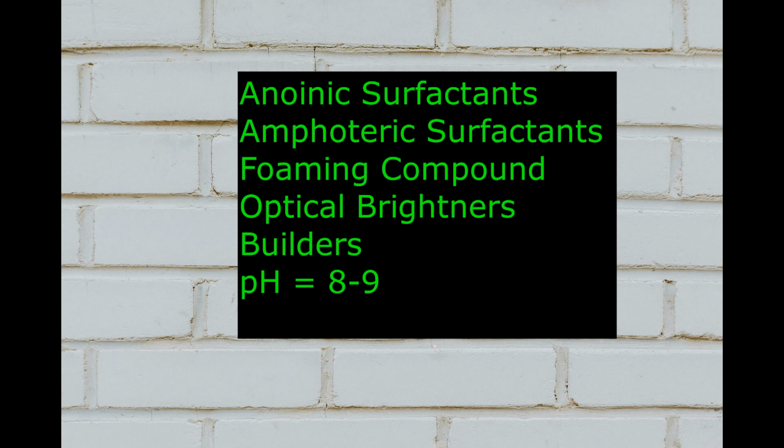Even though it is a low cost liquid detergent, we have developed this formulation as per the liquid detergent formulation structure. We have included two anionic surfactants, one amphoteric surfactant, foaming compound, optical brighteners, builders, and also we have maintained the correct pH. So we can expect good washing performance.